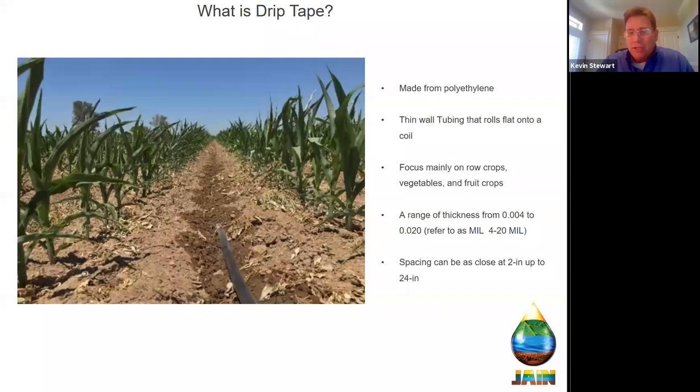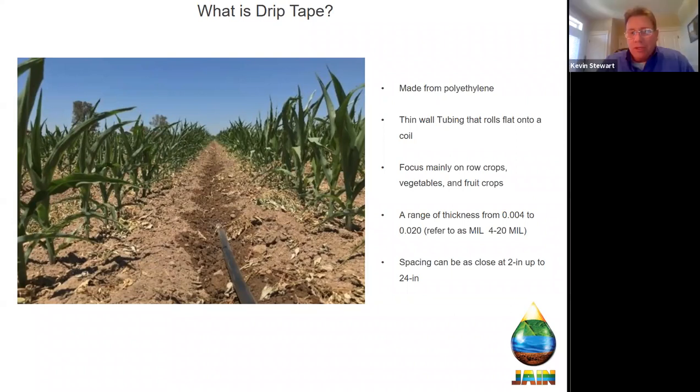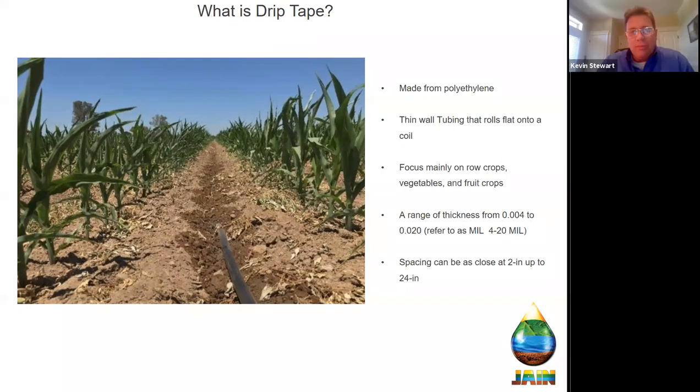We do a lot of business with corn, cotton, soybeans, some of the main staple crops, where growers are trying to look for ways to conserve water. And so this has been a great option. And it has a range of spacing anywhere from 2 inches all the way up to 24 inches and everything in between.